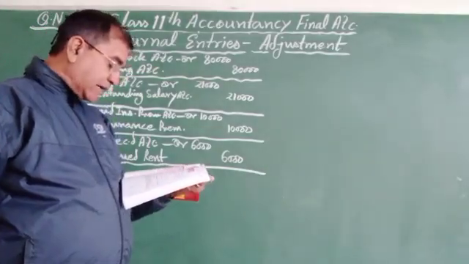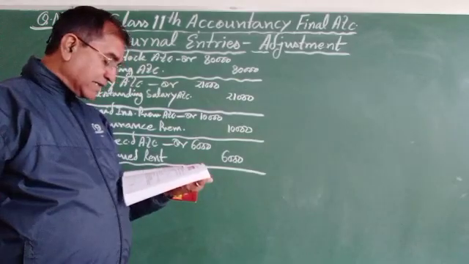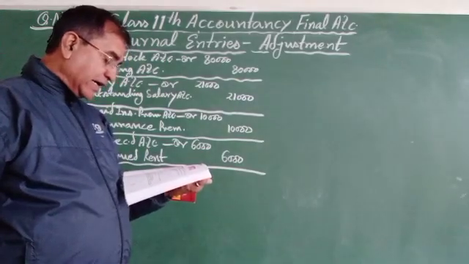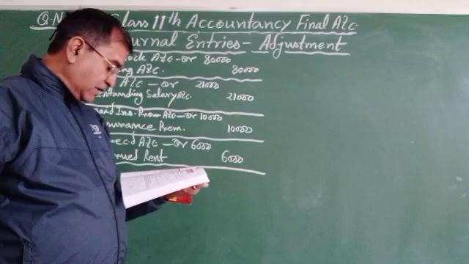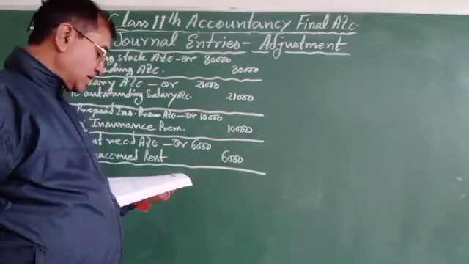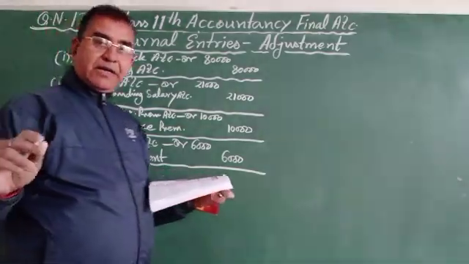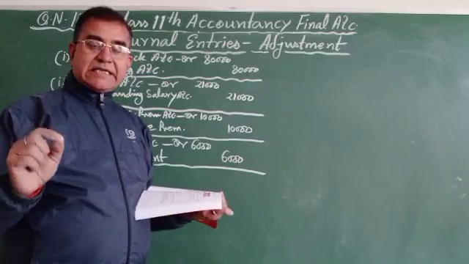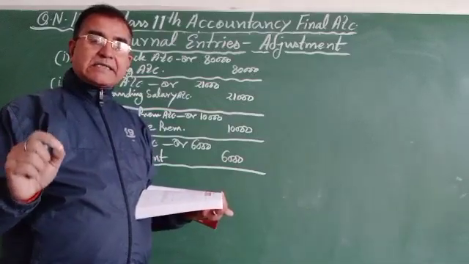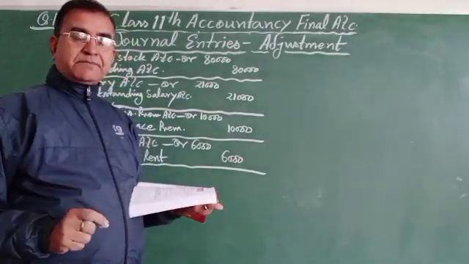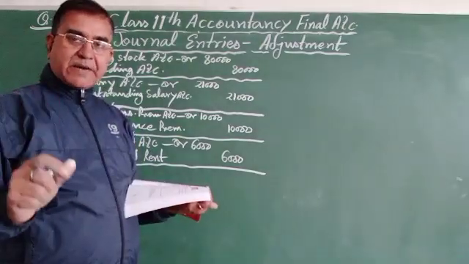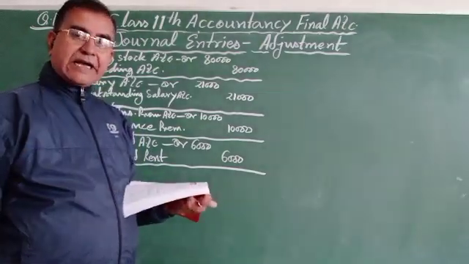You can see commission accrued but not received during the accounting year rupees 1,500. When the GST is collected, that is the output GST, and when GST is paid, that is called the input GST.